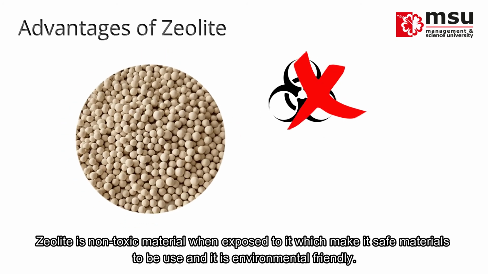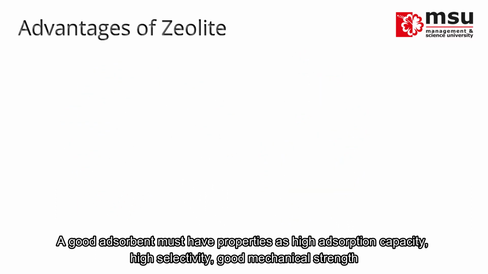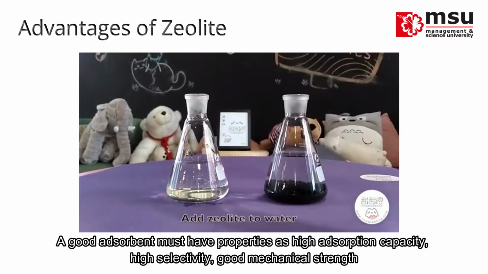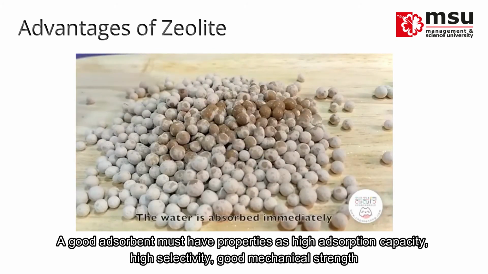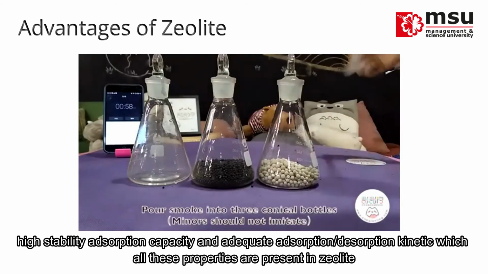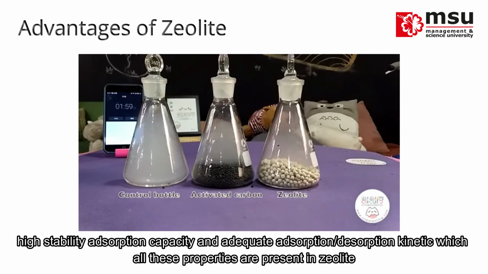Zeolite is a non-toxic material when exposed to it, which makes it safe to use, and it is environmentally friendly. A good adsorbent must have high adsorption capacity, high selectivity, good mechanical strength, high stability, and adequate adsorption-desorption kinetics, all of which are present in zeolite.